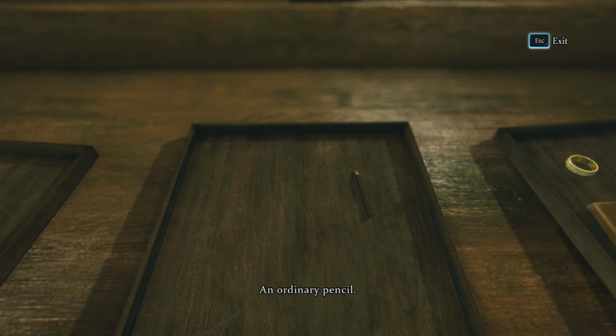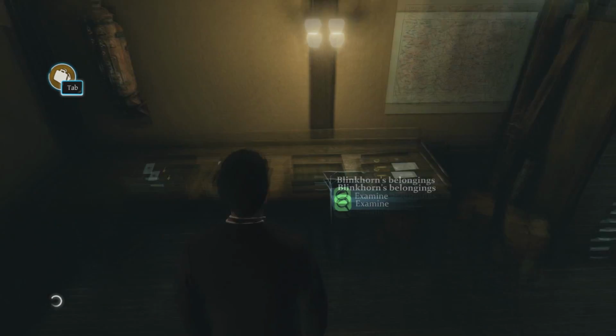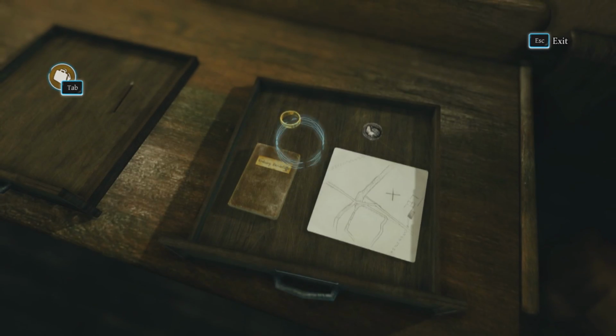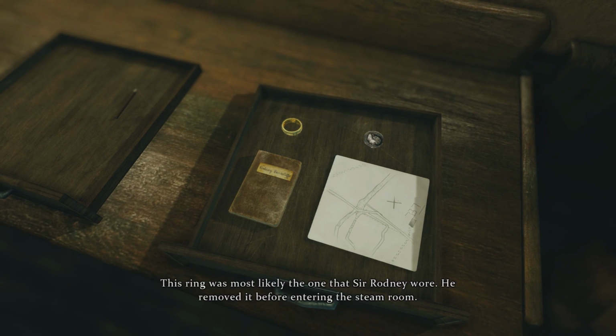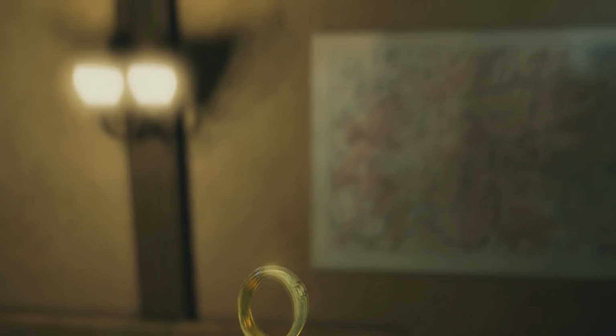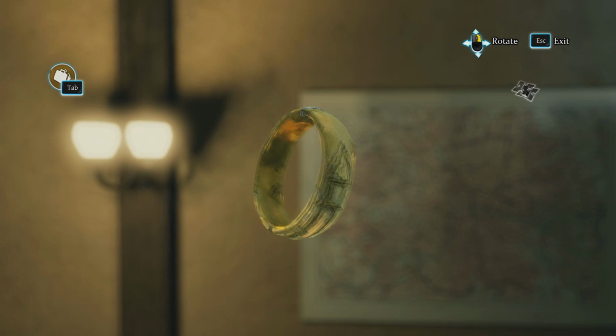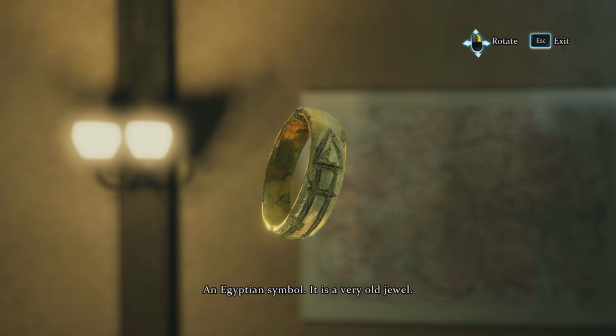An ordinary pencil. Okay. And Bentcliffe's belongings. Oh, there's his ring. The one ring. This ring was most likely the one that Sir Rodney wore. He removed it before entering the steam room. Is there an engraving? An Old Egyptian symbol.